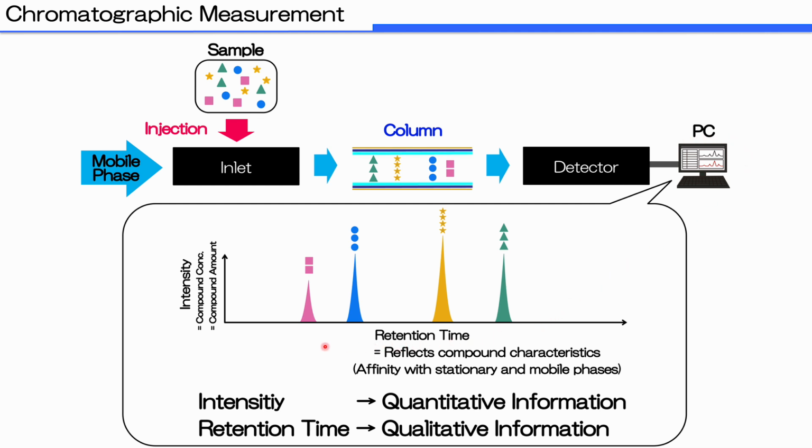In the chart, the vertical axis is intensity, from which you can pick up quantitative information, and the horizontal axis is time. The time at which the peak of a component appears is called the retention time, and this is used as qualitative information.